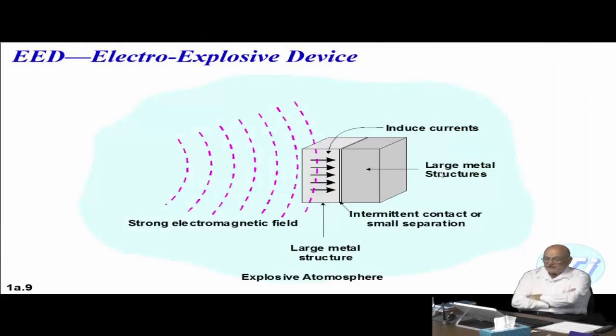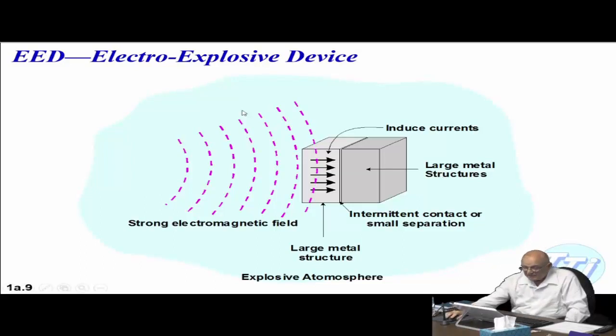Have you ever seen EED, Electro-Explosive Devices? Have you ever worked with that? If you take a look at this particular wave, this represents a magnetic field. And anytime a magnetic field moves to a conductor, which is copper wire and or steel or large metal structure, it'll create an internal current.